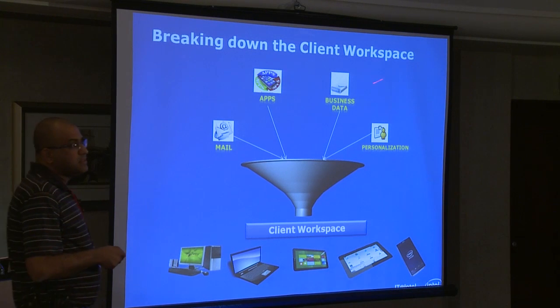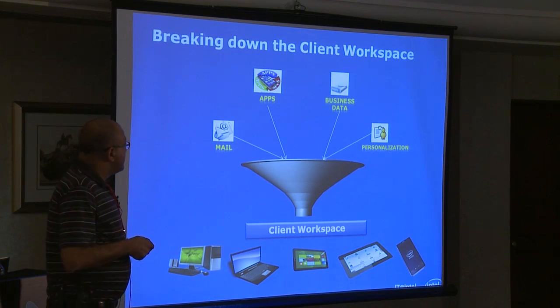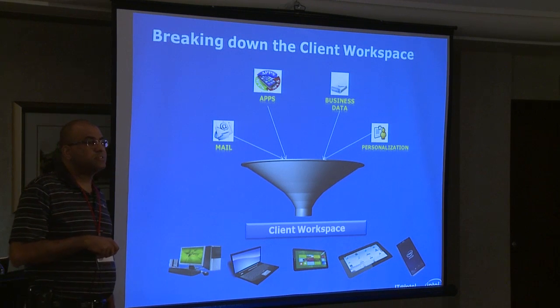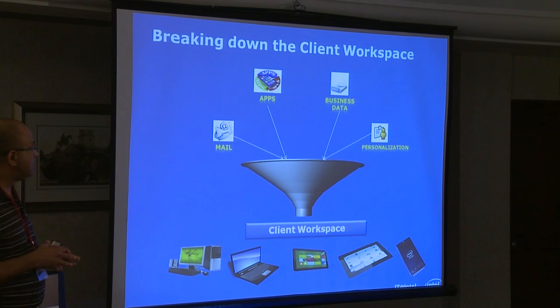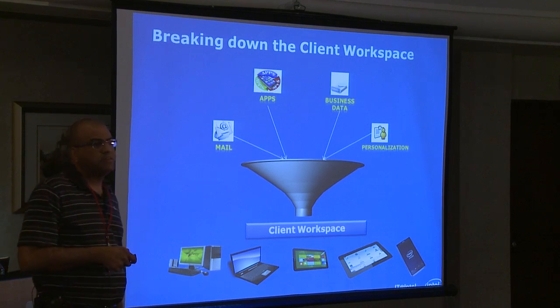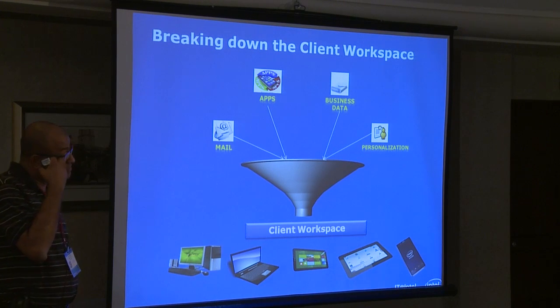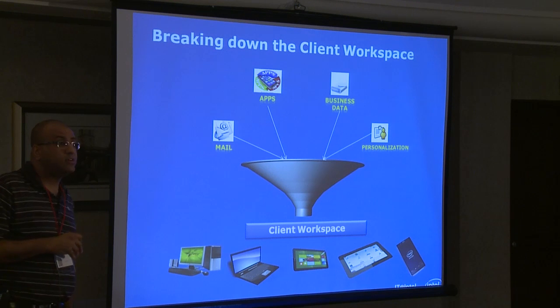Next is the business data. So today, we are all bundled into the device. The business data is clunked with the device that they're using, and people are using different services like box.net or whatever, and different cloud services where they're moving data across.